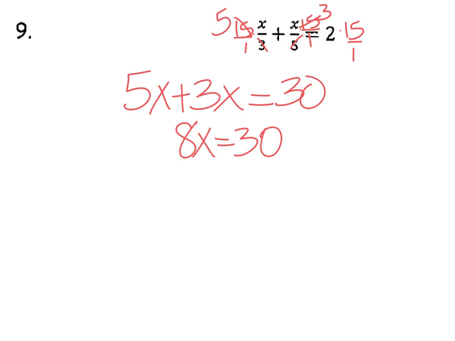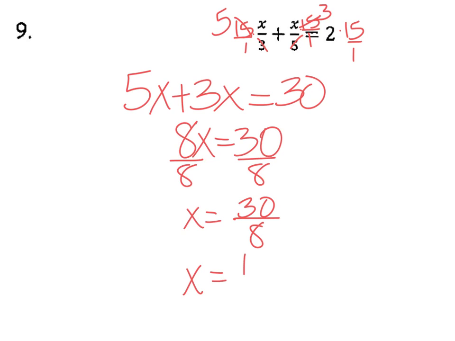Okay, 8x equals 30. But we got to reduce it, right? So solve for x first. What is 30 over 8 reduced to? 15 over 4. Sounds great. And we can just leave it 15 over 4.